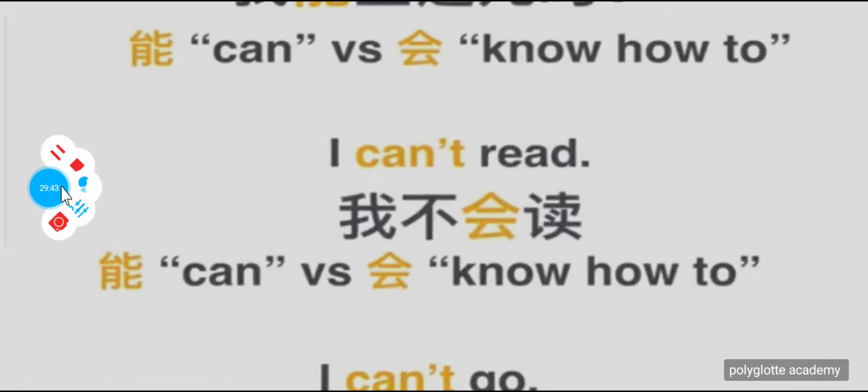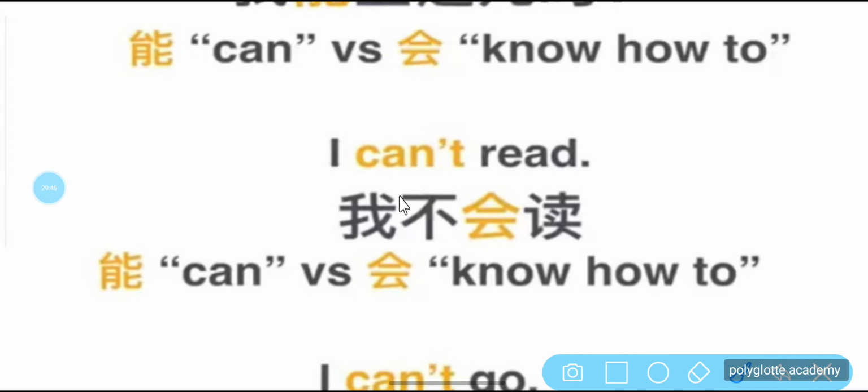The next character we see is pu. And we said in the Chinese lessons that pu here is used to negate present and future tenses.